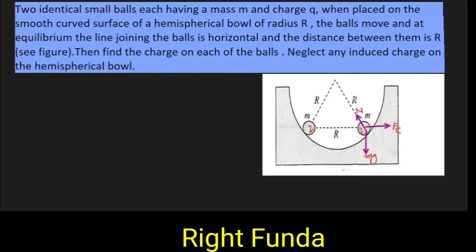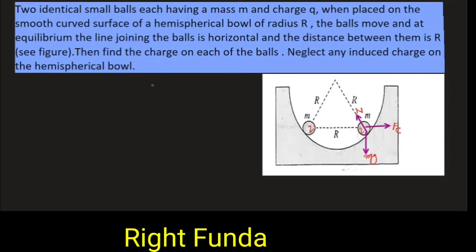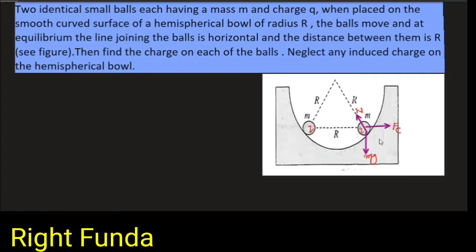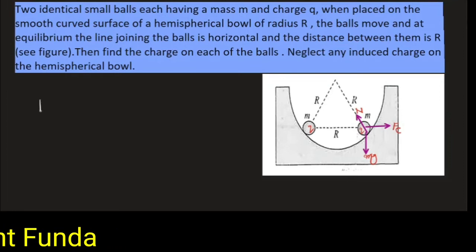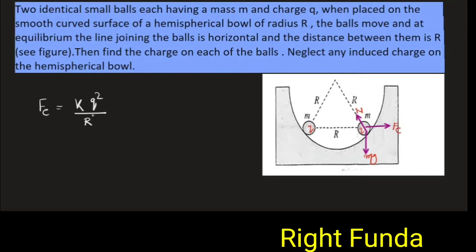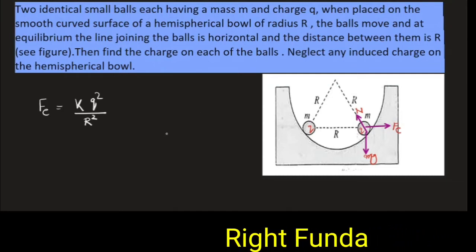Had it been rough, a friction force would have been there, but it's smooth. The electrostatic force Fe is nothing but k q square by the separation square, and the separation given in the question is r, so Fe is k q square by r square.